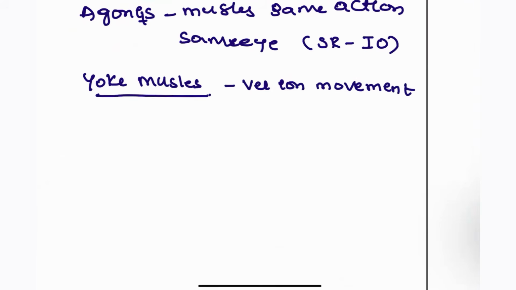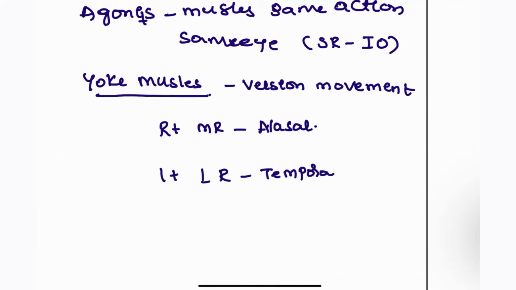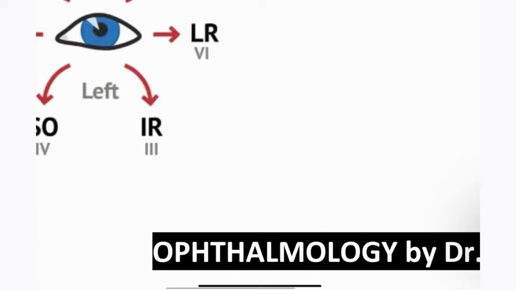For example, right medial rectus is going to move in which direction, guys? Towards the nasal side, right? And left lateral rectus is going to move to the temporal side. So both are looking to the left side, right? Here you can see this is the picture.